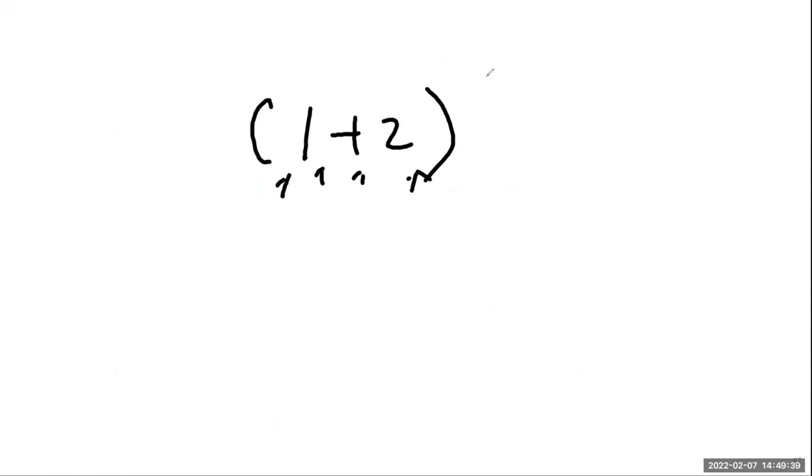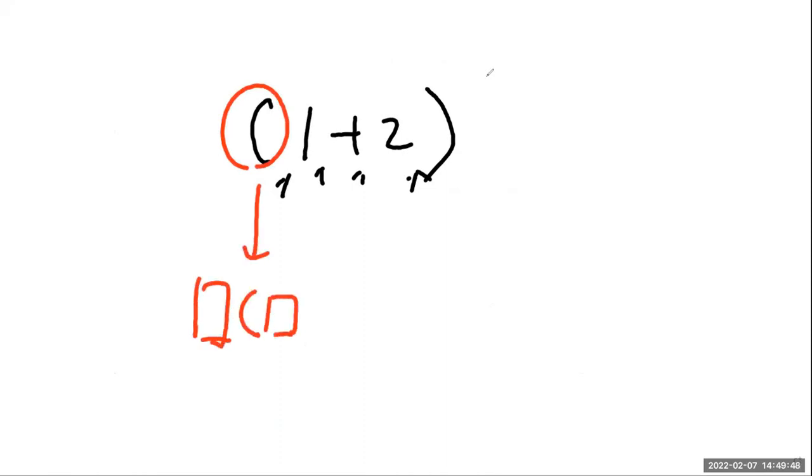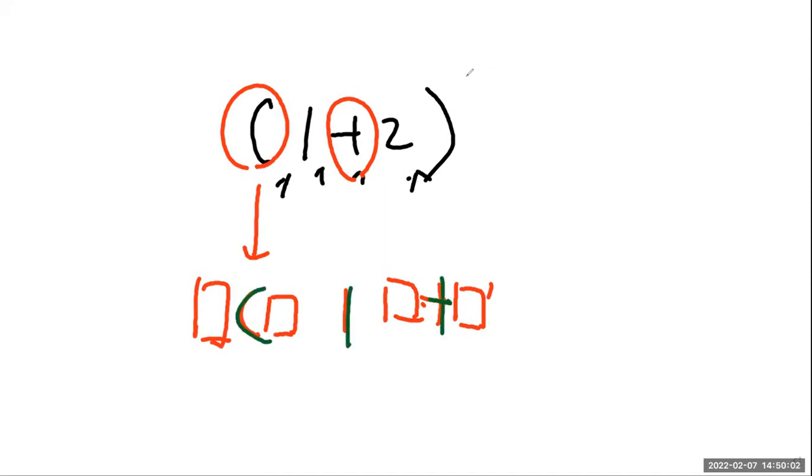You basically, when you see some parentheses, can add space before and after it. Okay, and then you have one. And you will see some plus sign, you also put spaces around it. Okay, so in this way, you will have a parenthesis 1 plus 2. Before, you didn't have spaces.